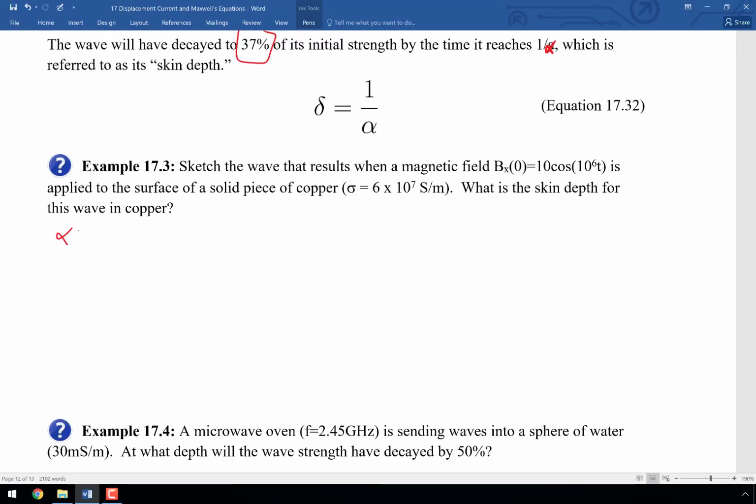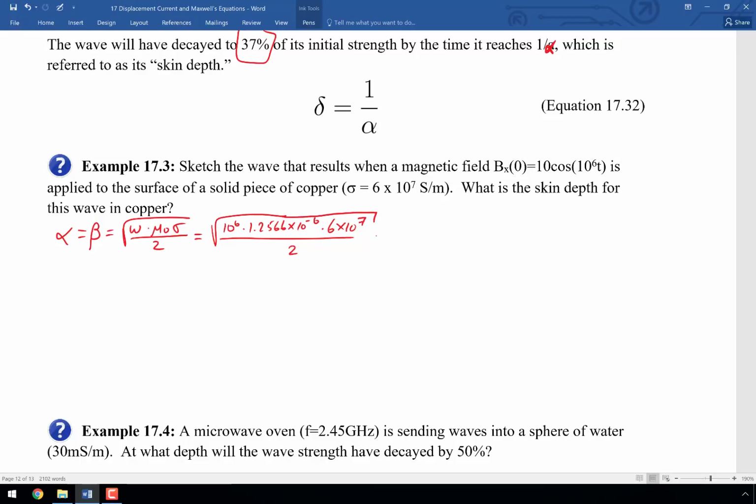Well, we know that alpha is equal to beta, which is equal to the square root of omega times mu sub 0 times sigma over 2, which is equal to the square root of 10 to the 6th times 1.2566 times 10 to the negative 6. That mu sub 0 pops up all the time, so that's the constant that we already knew, times 6 times 10 to the 7th, that's our conductivity, all of that divided by 2.